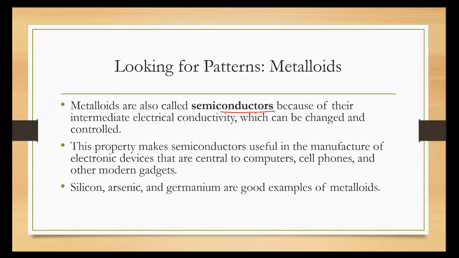They're called semiconductors because of their intermediate electrical conductivity, which can be changed and controlled. This property makes semiconductors useful in the manufacture of electronic devices that are central to computers, cell phones, and other modern gadgets. Silicon, arsenic, and germanium are good examples of metalloids.